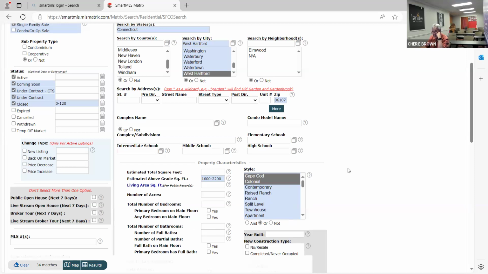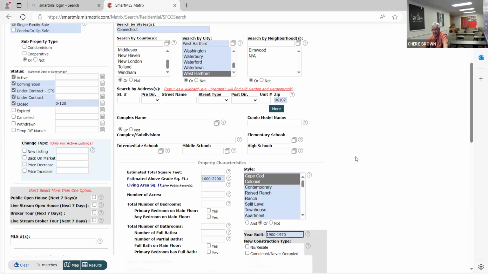We could eliminate them or add more, or none at all. The other thing I'm going to do, right below the style, is the year built. We have an older house here, so I might say give me West Hartford homes between, say, 1900 and, we could go as much as 1970. I just don't want any selections of newer properties. That would not make a lot of sense.